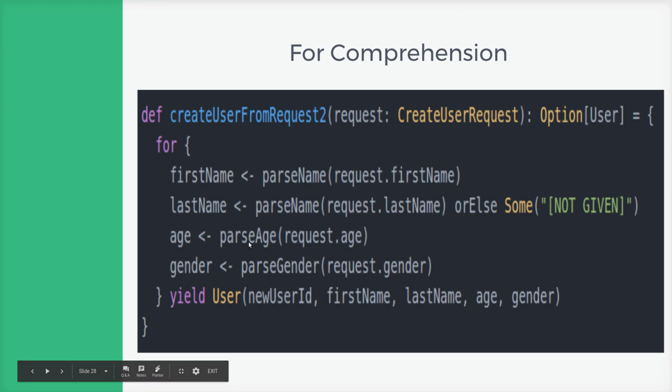If we want to return all the errors that happened while parsing the request arguments, there are ways. It's very difficult to do it using Either. With Either you can return only the first error.